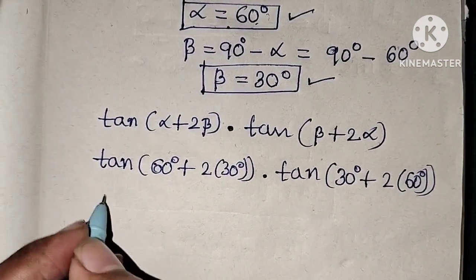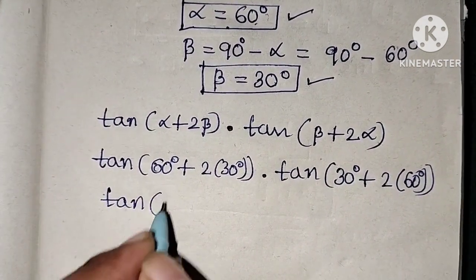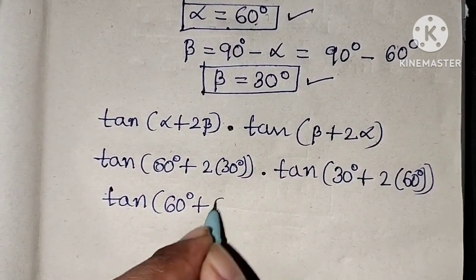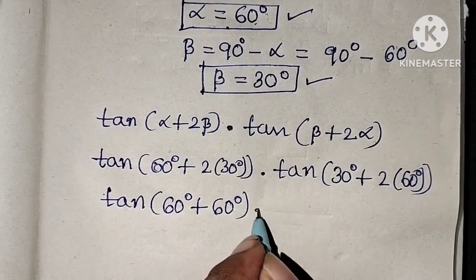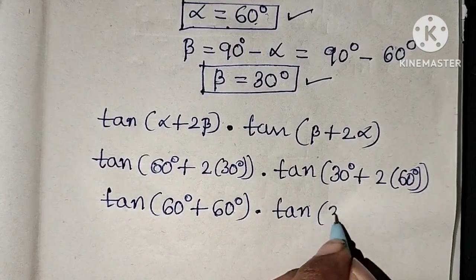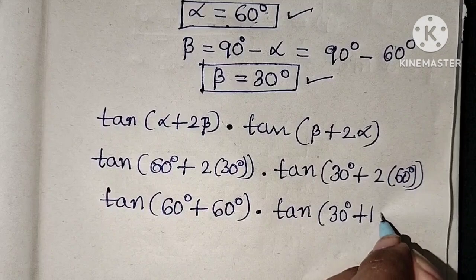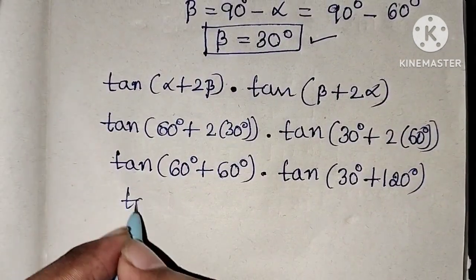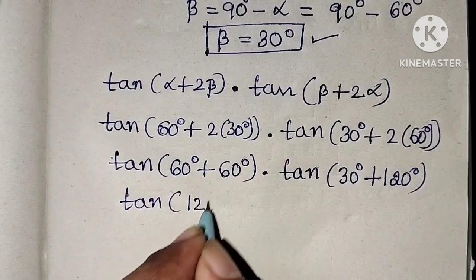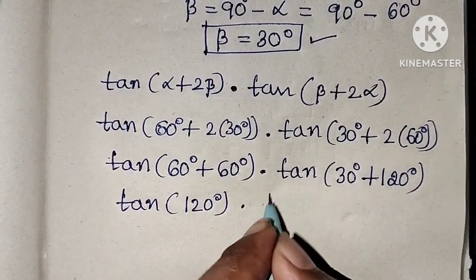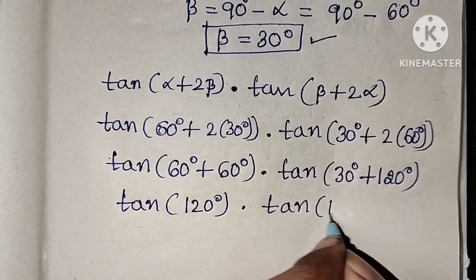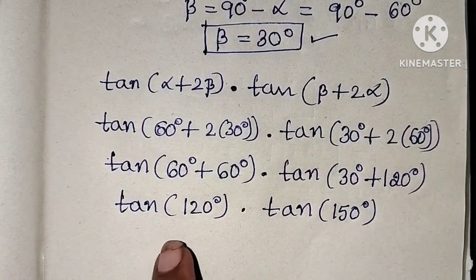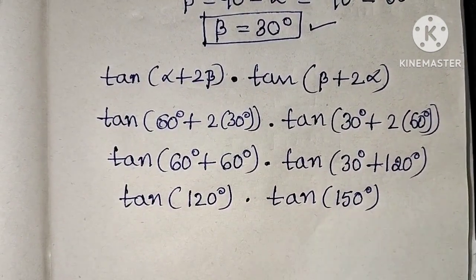Now tan(60 plus 2 into 30, that is 60 plus 60, 120 degrees) into tan(30 plus 120, 150 degrees). We have to find tan 120 and tan 150.